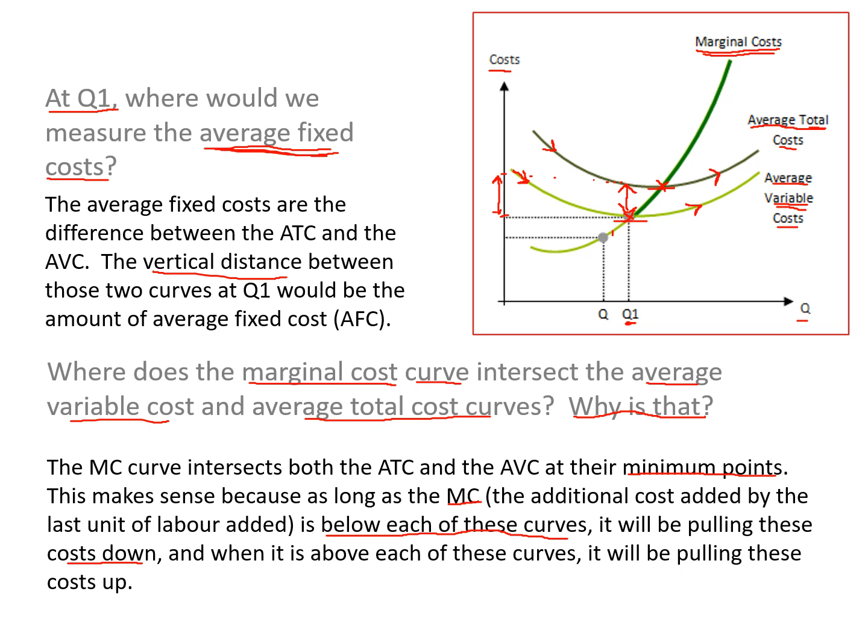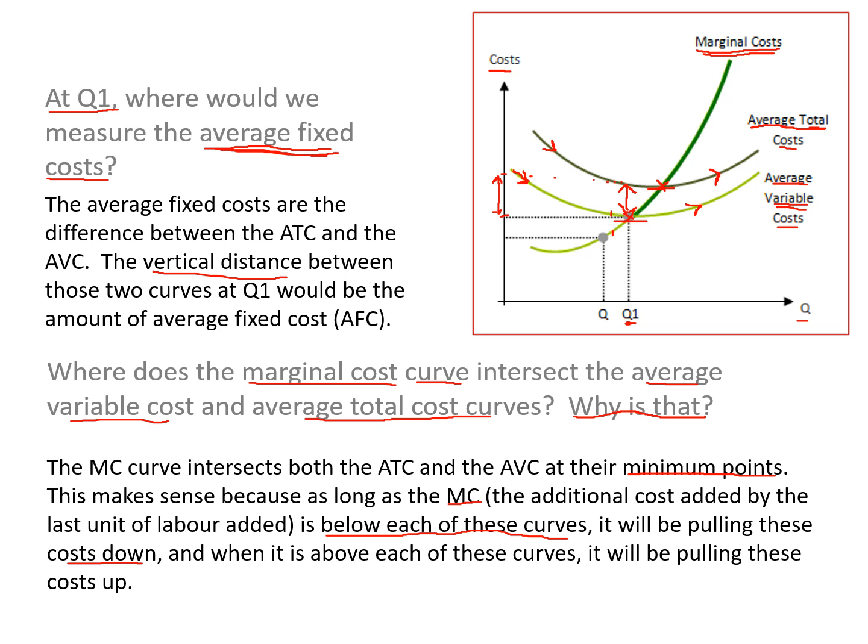If the additional cost per unit is a lower number than the current average, then the new average will be slightly lower than it was before, because we're adding a smaller number and then dividing by the number of units, which is increased by 1, so that will make the average a little bit less.